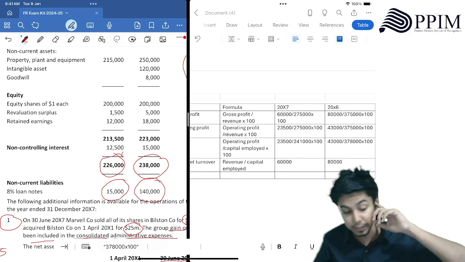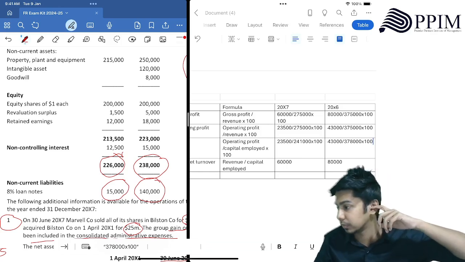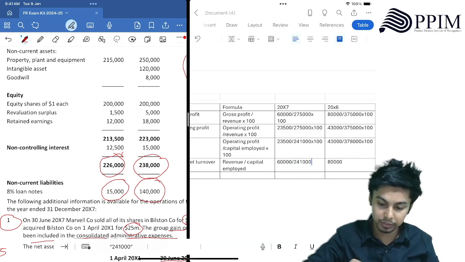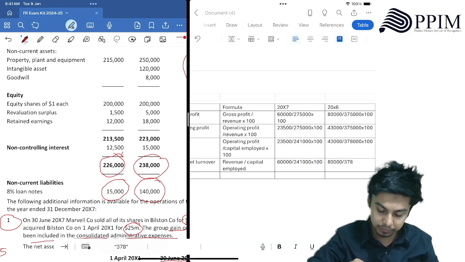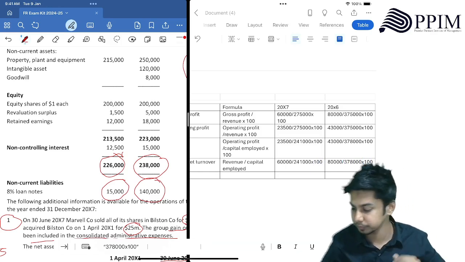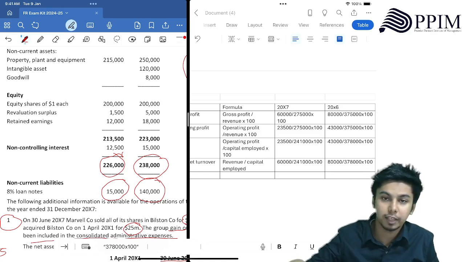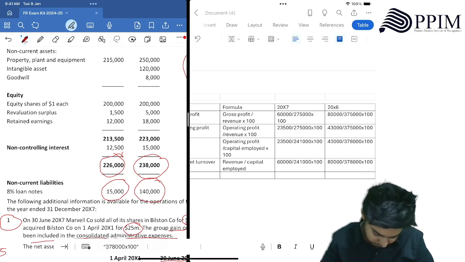It's included inside equity, correct? Not current liability. Over here also, 241,000 into 100. Here we have 378,000 into 100. Right, now guys, can you quickly copy and calculate these ratios, faster?